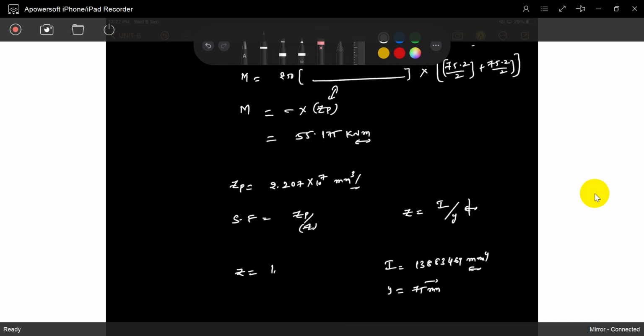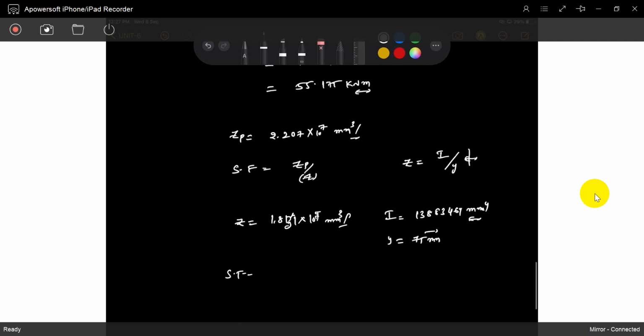So Z is 1.81851 into 10 power 5 mm cube. So what is the shape factor? This 2.204 into 10 power 7, divided by 1.8185 into 10 power 5.